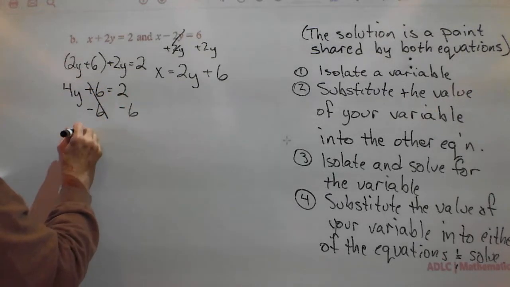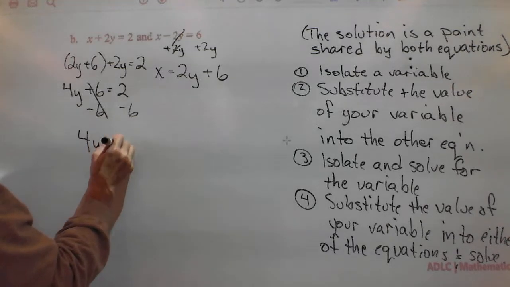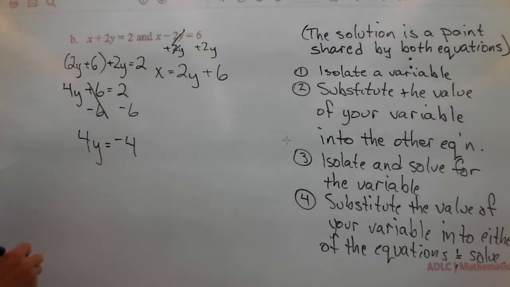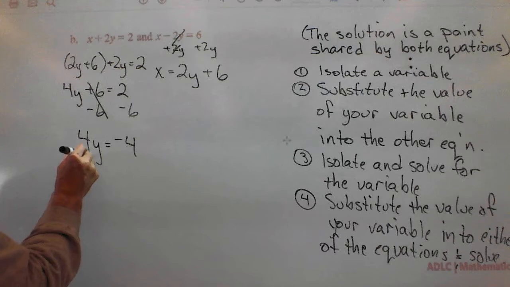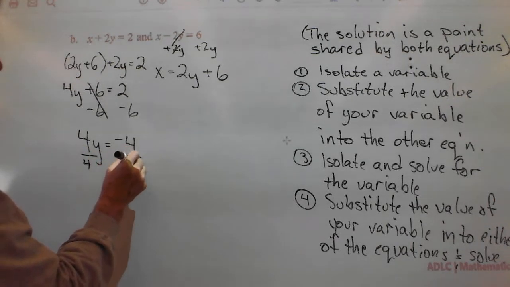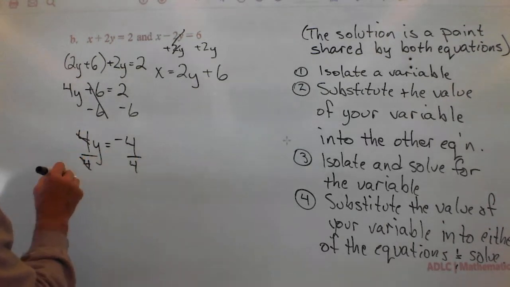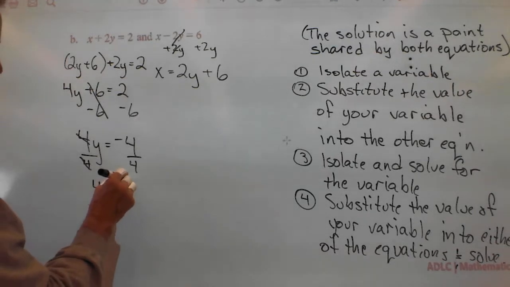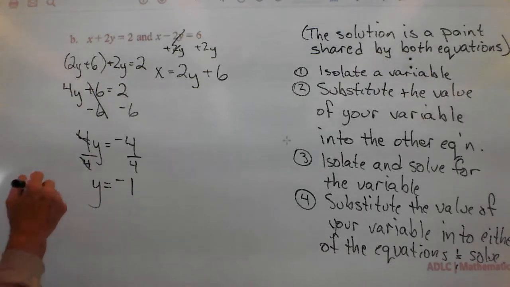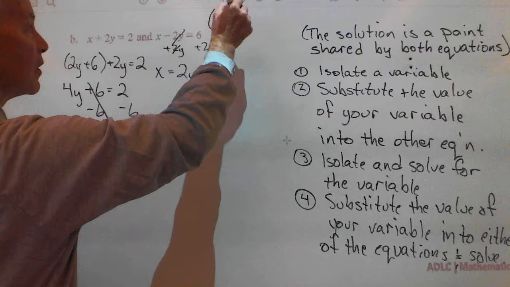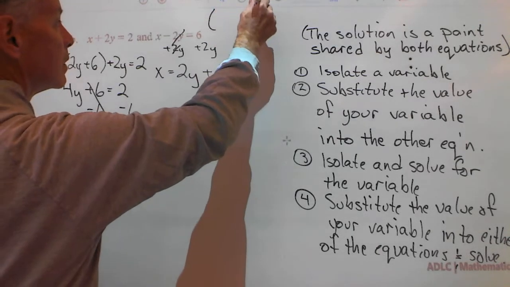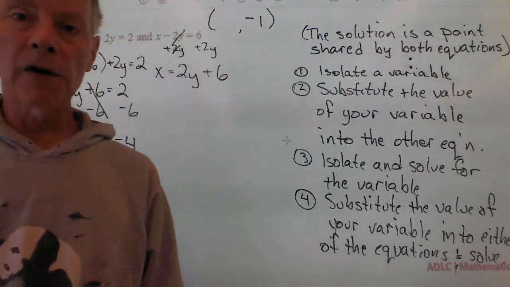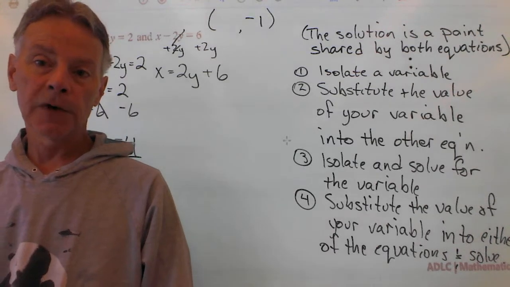That cancels, giving us 4y equals negative 4. And then finally, we divide both sides by 4, giving us y equals negative 1. Again, that gives us the y-coordinate of our solution. It's negative 1.